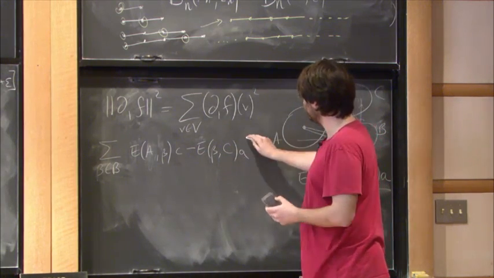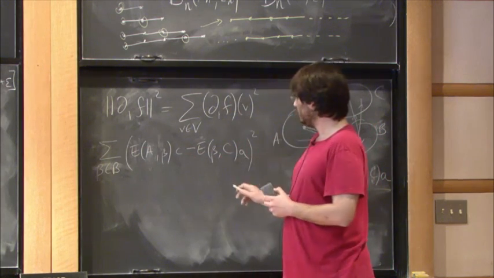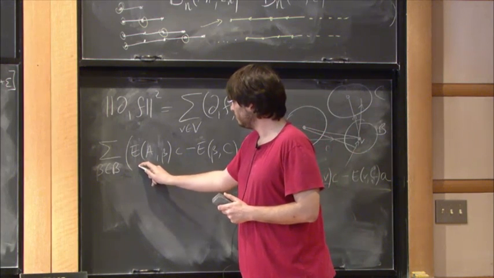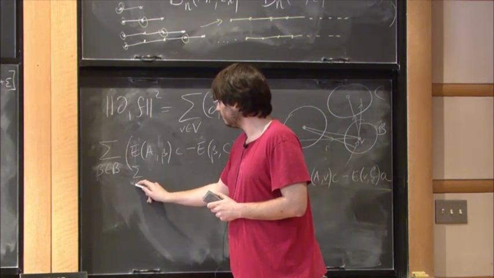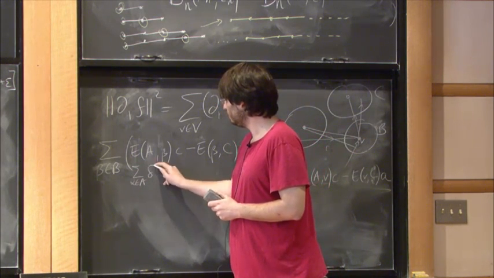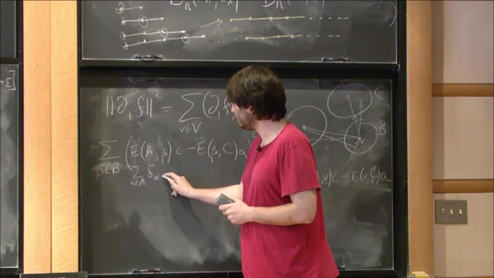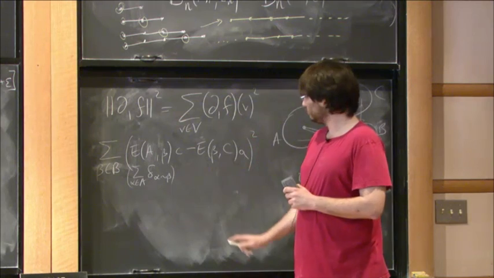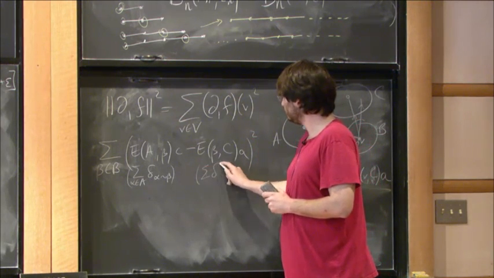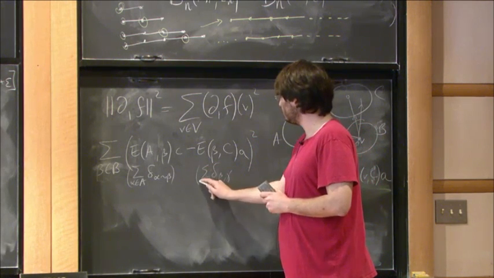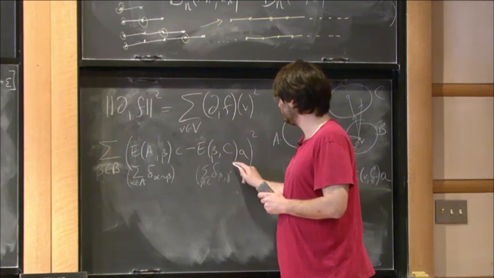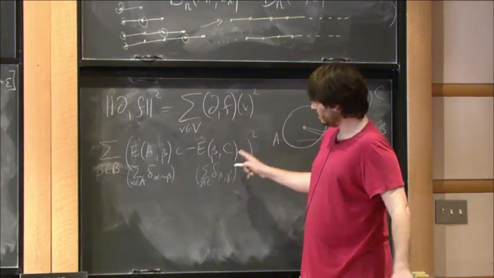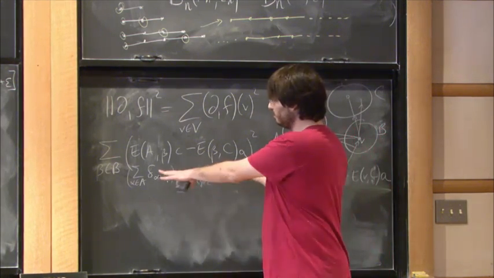And this is squared. Now the idea is to write this as the sum over all alpha in A, and then the Kronecker delta for alpha neighbor of B. And the same here, B gamma for all the gamma in C. Then when I square, I need to open these brackets.